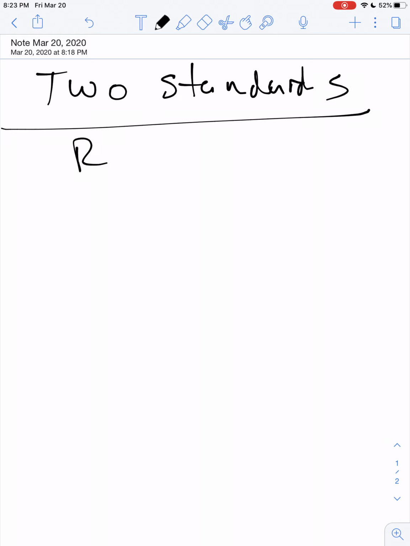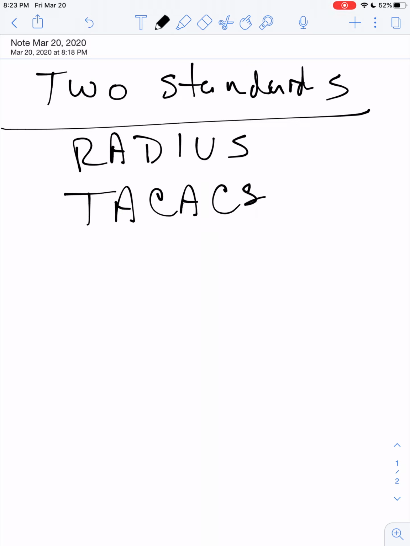First one's called Radius. The other one's called TACACS Plus. Now, that is a plus sign, and there is a TACACS standard.